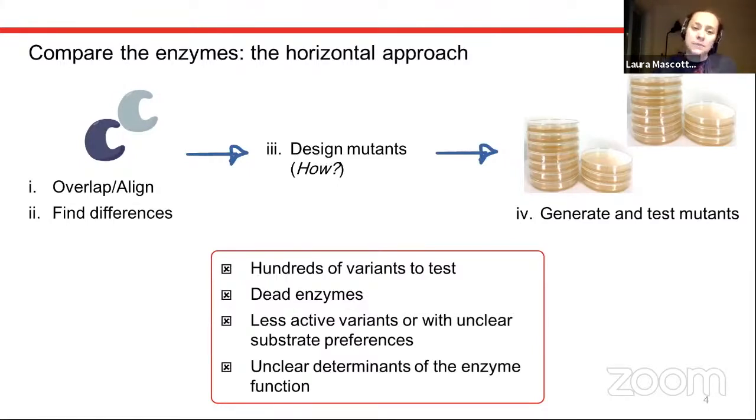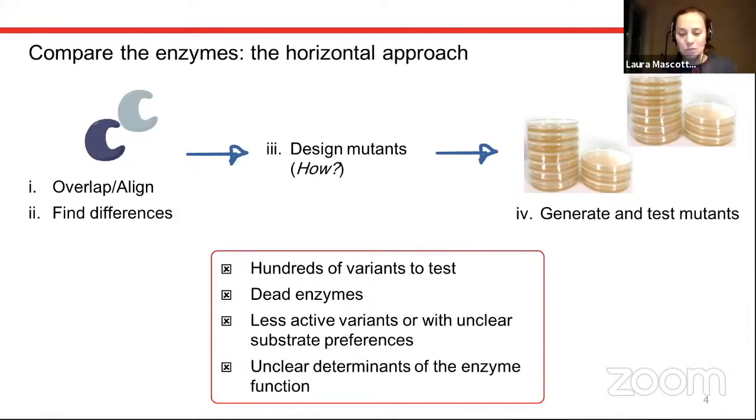The thing is that to answer our question, we may have to test hundreds of mutant variants, and many of them can be dead enzymes, usually they are, even though some could be less active or with unclear substrate preferences. So in the end, it's very hard to determine which residues are responsible for the different functions by this approach.